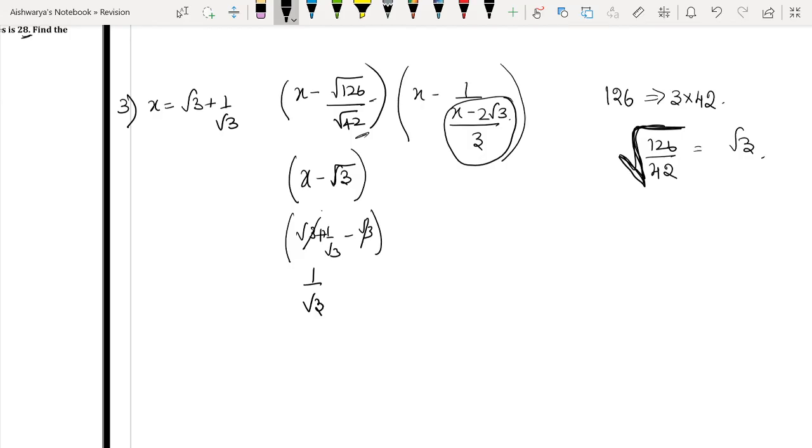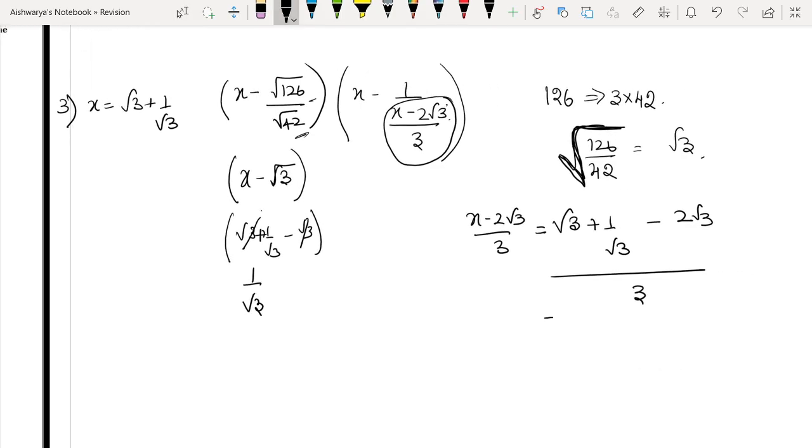I'm going to cancel, not cancel now, we will cancel later. We'll write it first. x minus 2 root 3 by 3 is equal to root 3 plus 1 upon root 3 minus 2 root 3, whole thing divided by 3. Next step, this and this you can cancel.